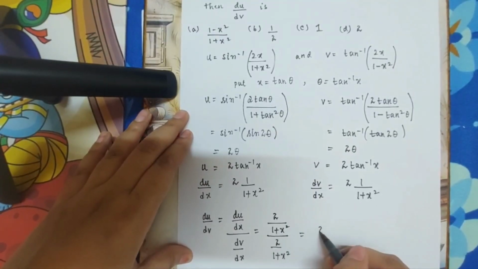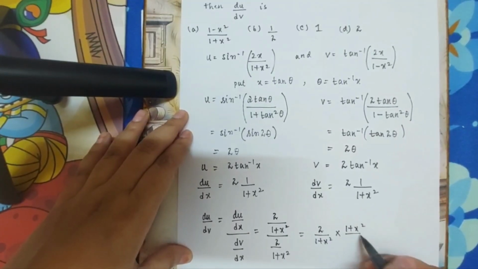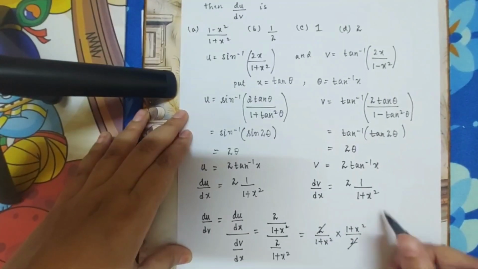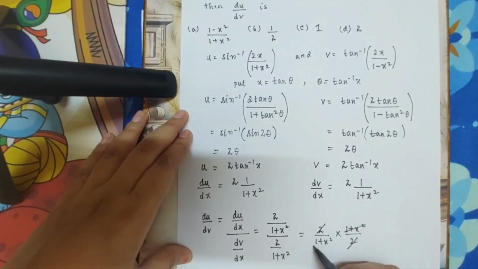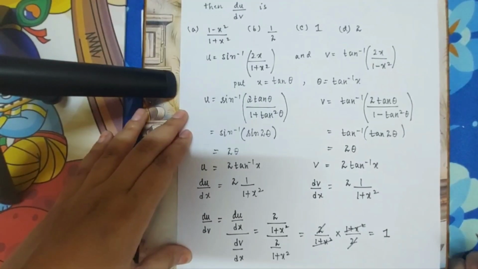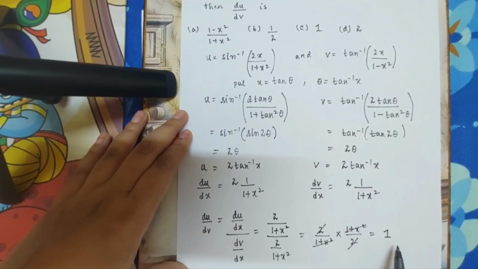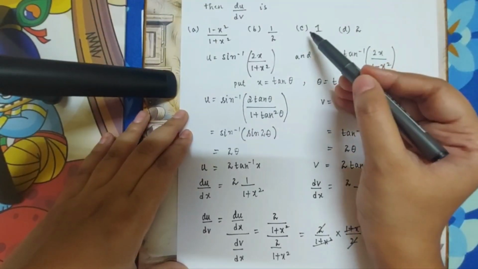So this can be reduced to 2 divided by 1 plus x square multiplied with 1 plus x square divided by 2. So this 2 and this 2 will get cancelled, and 1 plus x square will also get cancelled, and we are left with 1. So the value of du by dv is 1. So the correct option is C.